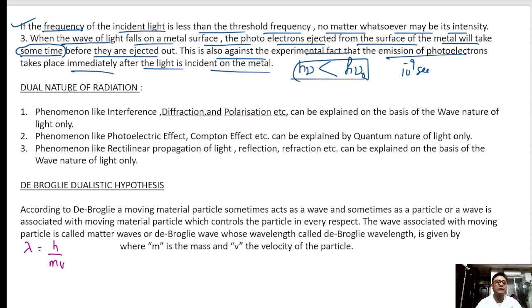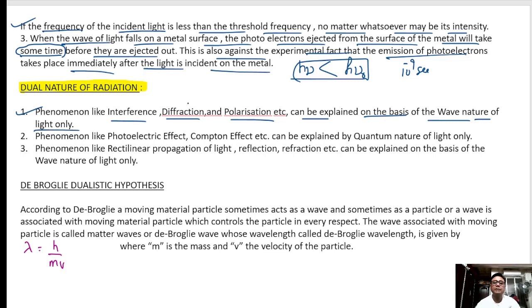Next we are going to study the dual nature of radiation, the light's dual nature. Phenomena like interference, diffraction, and polarization can be explained only on the basis of wave nature.